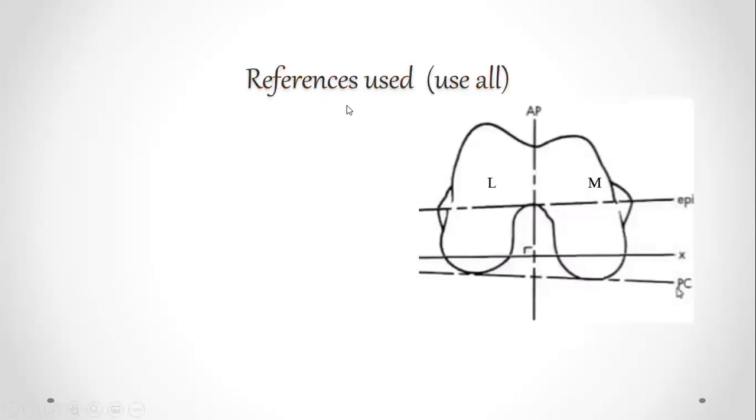What are the references that we are using? All references must be used, because one of them is not reliable, not only one. The first is the trans-epicondylar axis, which is clearly seen here between the medial and lateral epicondyles. You can put your hand and then mark it with, for example, the electrodiathermy.